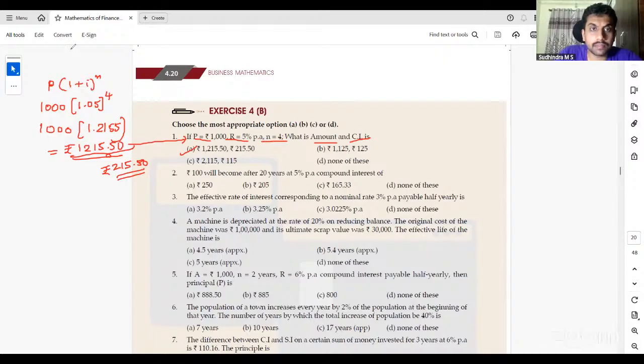Question number 3. Excellent. Lahari Acharya correct. Vinyas correct. Bhavish correct. Kushal correct. Dhanush correct.